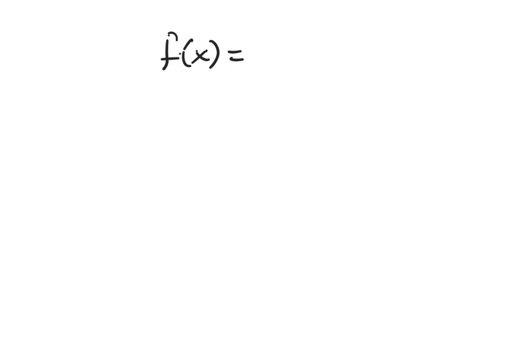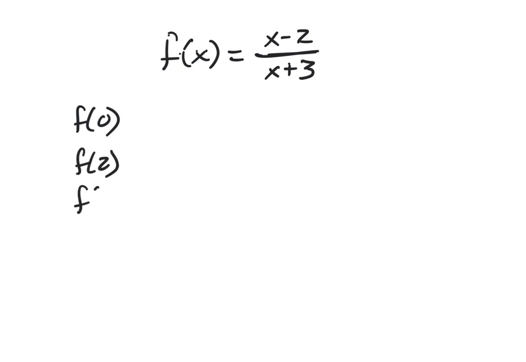Okay, this function here is going to be a little bit different, because we have a fraction. Okay, we have a division sign. And we're going to evaluate f of 0, f of 2, f of negative 3, and f of m.